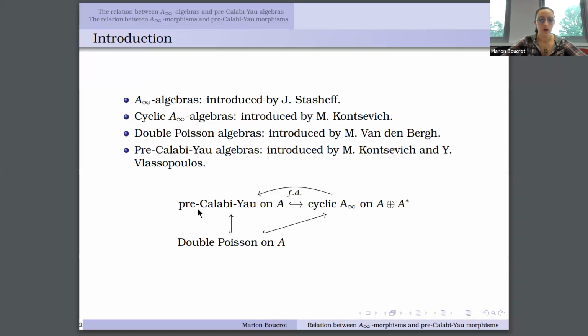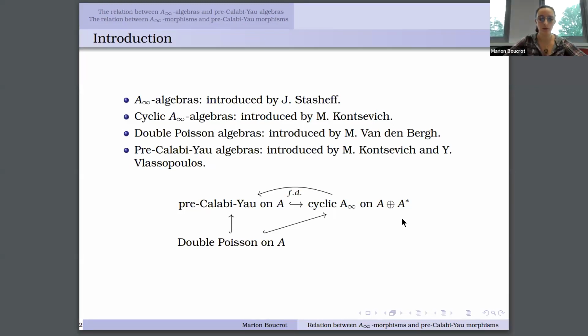And a pre-Calabi-Yau structure on any graded vector space A will also induce a cyclic A-infinity structure on A plus A star. Moreover, if the graded vector space considered is finite dimensional, then a cyclic A-infinity structure on A plus A star will induce a pre-Calabi-Yau structure. So for a finite dimensional graded vector space, this is kind of an equivalence.